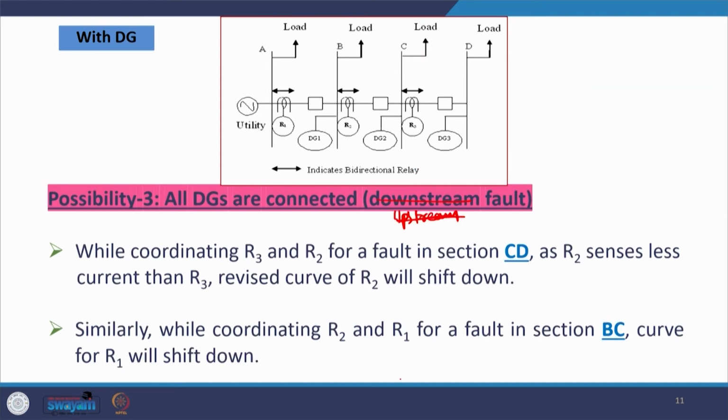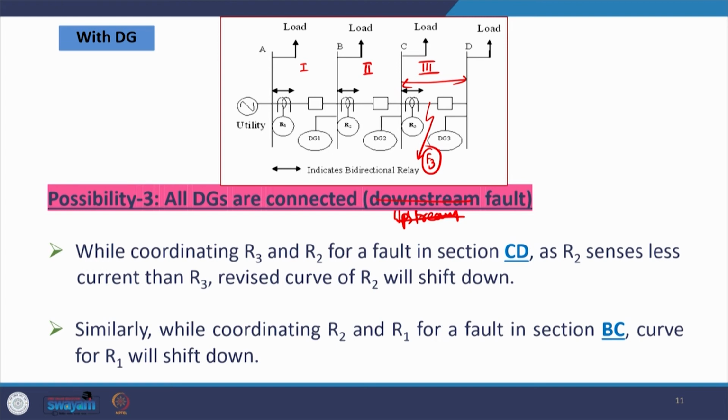Again, let us consider the same third section here; this is our section 2, and this is my section 1. Now, let us say we are coordinating relay R3 with relay R2, and we are coordinating relay R2 with relay R1, and the fault is going to occur in section CD, let us say at F3. In this case, R2 senses less current than R3.